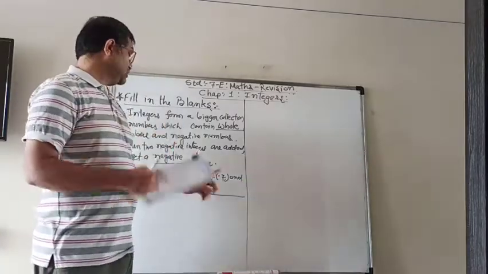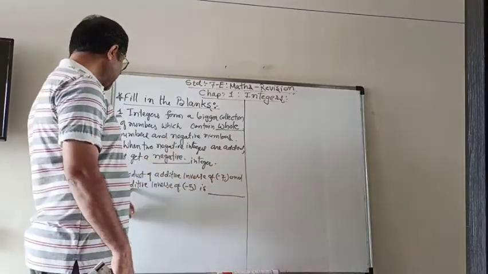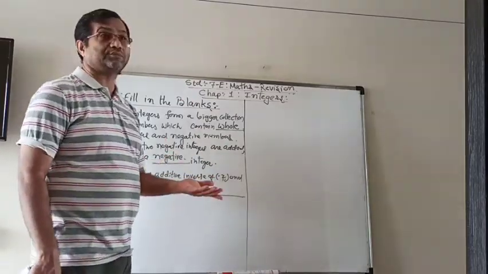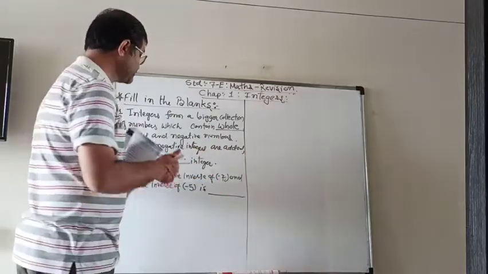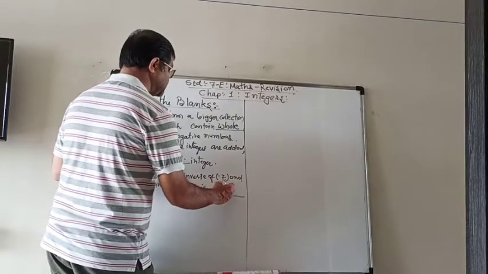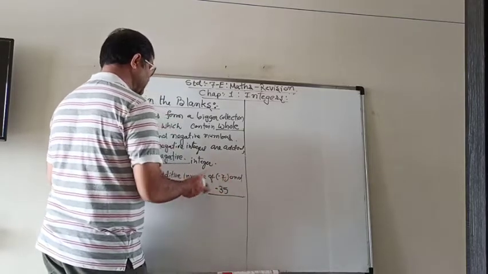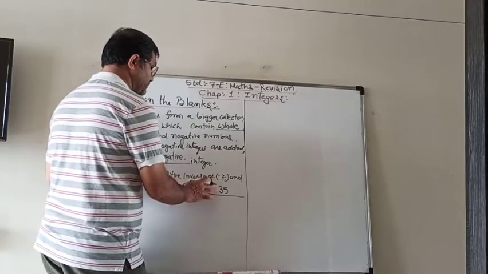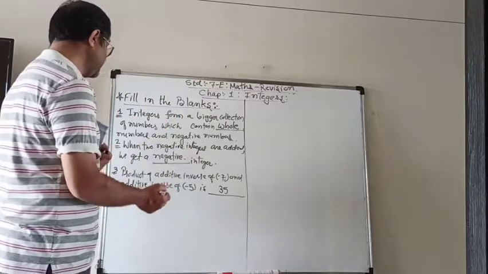So now additive inverse of -7 is 7, additive inverse of -5 is 5. So we have to multiply: 7 5s are 35. So answer is 35. Here don't write down -35 by multiplying -7 by -5. They are additive inverses, and additive inverse means opposite numbers.